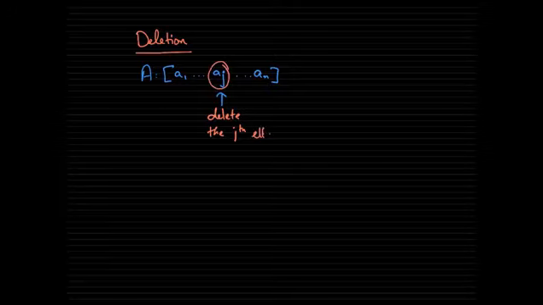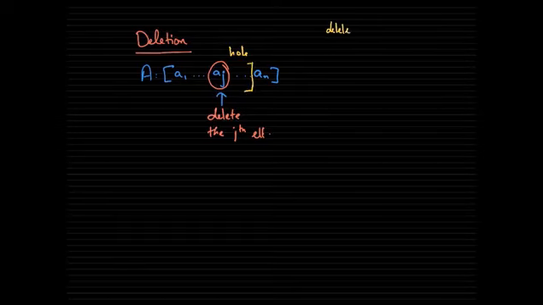Now, one of the problems in deleting in an array is I cannot delete in the middle. If I delete it in the middle, there's going to be a hole, and I don't know how to fill up the hole. On the other hand, I can always delete in an array at the end.